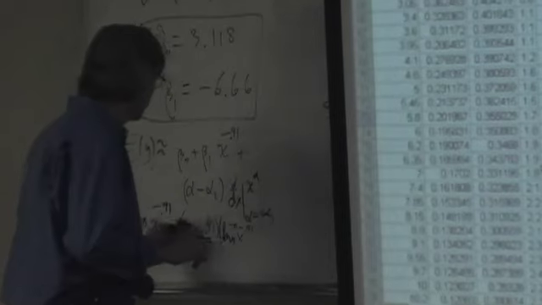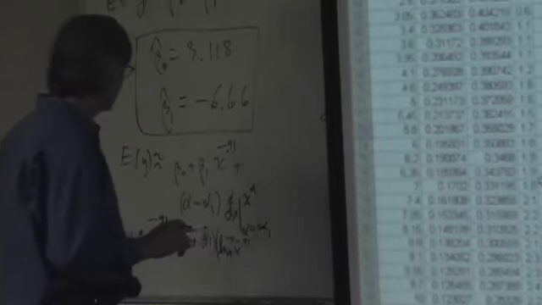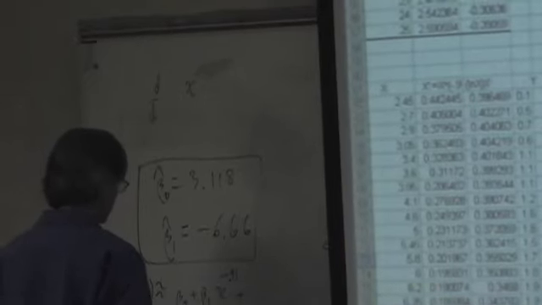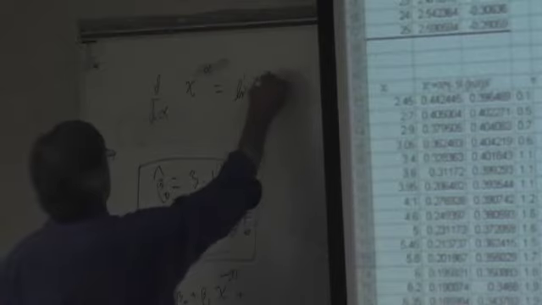Let me check this out. What is the derivative of x to the alpha here? Something looks fishy. What's the derivative of x to the negative 0.91? D by d alpha of x to the alpha equals log x times x to the alpha.